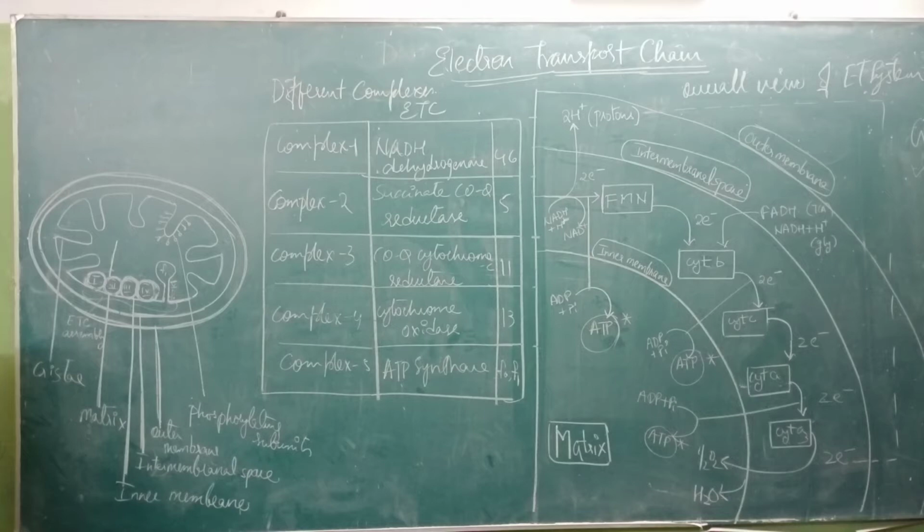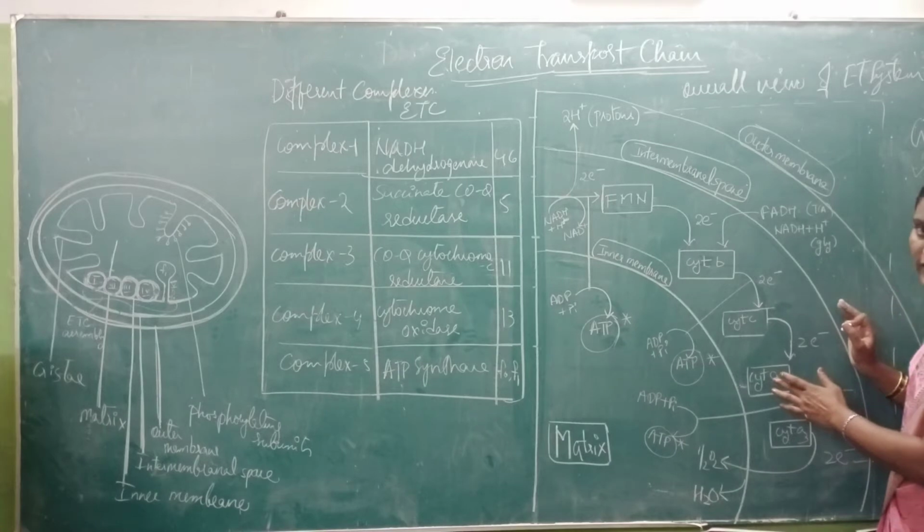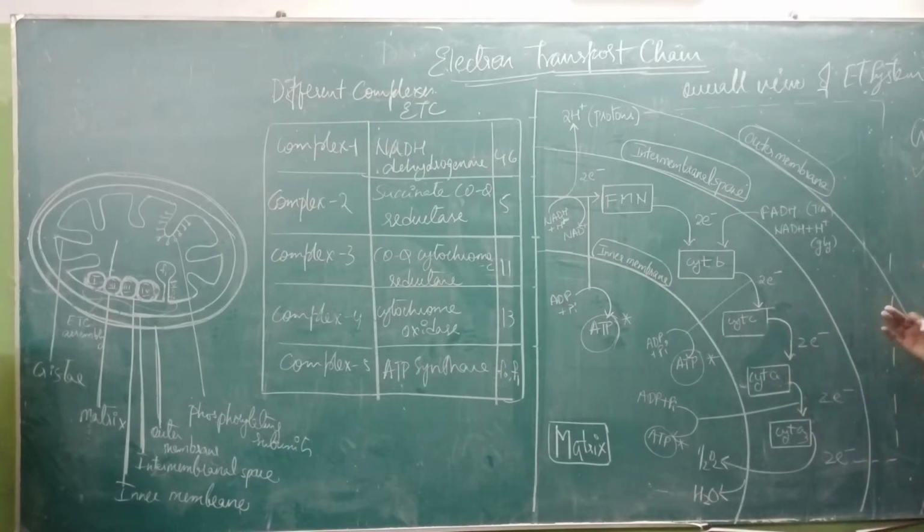Here NAD is reduced to NADH, releasing H plus ions. Before entering the electron transport chain, this is a multi-step process where hydrogen atoms are released, and they will be utilized during the electron transport chain. So here reduced NAD molecules are released.